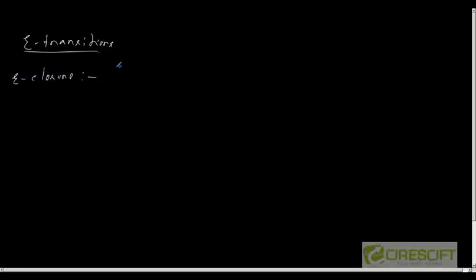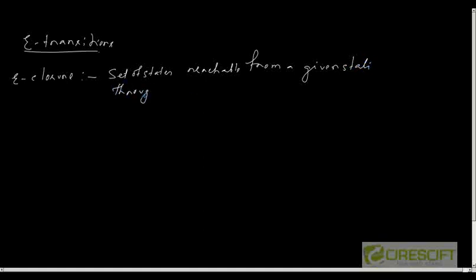Epsilon closure is the set of states reachable from a given state through empty transitions.